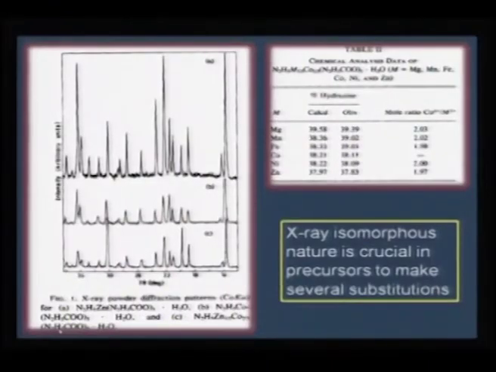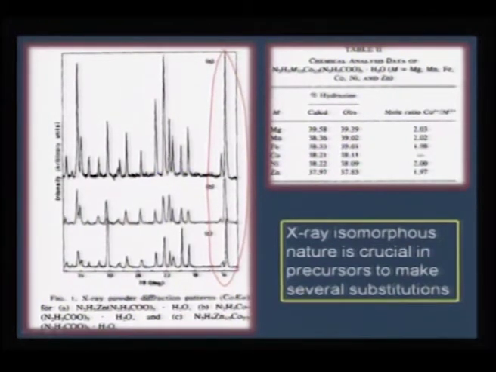So, we call this a solid solution precursor, and typically if you look at the X-ray mapping, I just want to draw your attention to this first peak which is coming at 14 degrees when you do the powder X-ray diffraction.